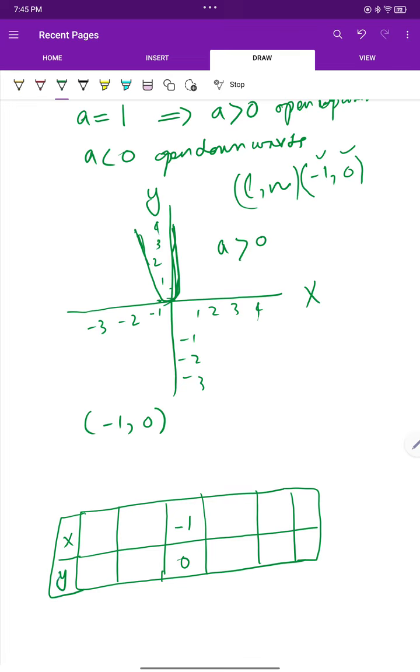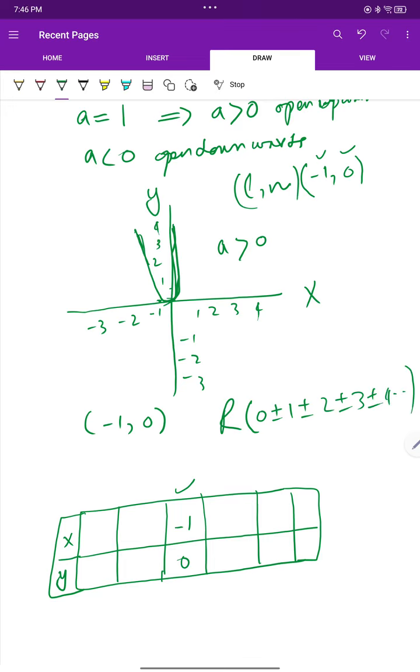Here we find from the vertex 2 points, -1 and 0. For the others, if you know the real numbers, you know 0, -1, -2, -3, -4, and it continues to infinity.